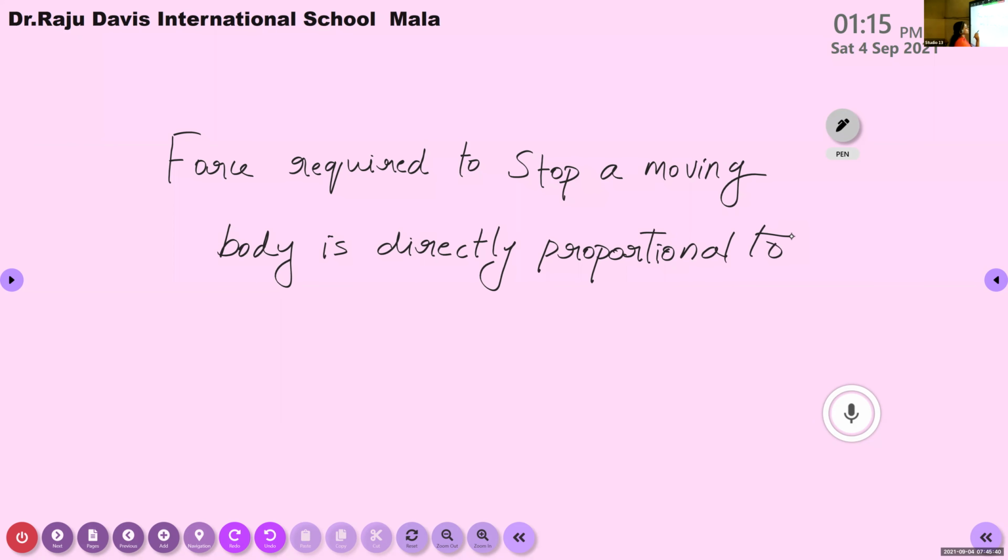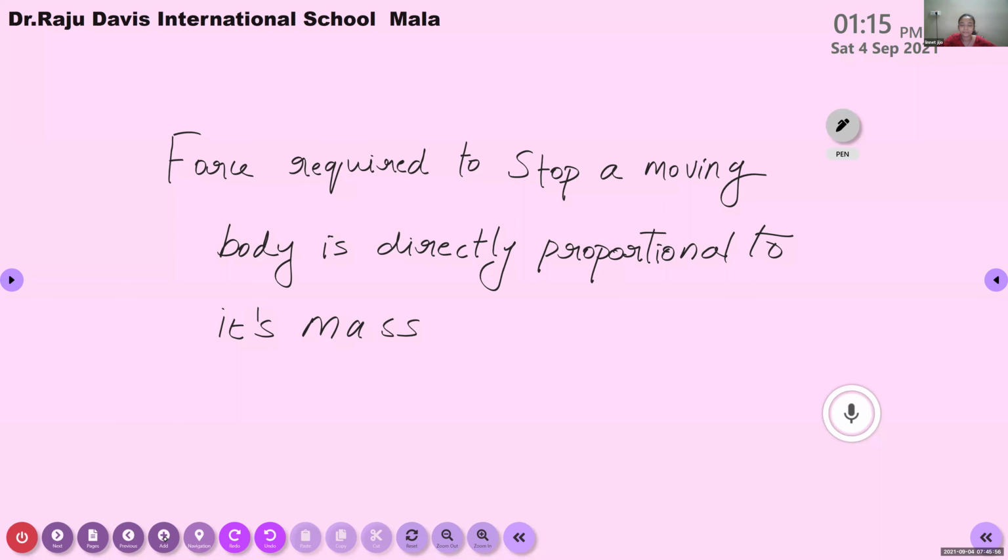This is the first conclusion that we have drawn from the first figure. That is, the greater the mass, the greater the force that we need to stop that moving body. Is it clear? Yes, ma'am.